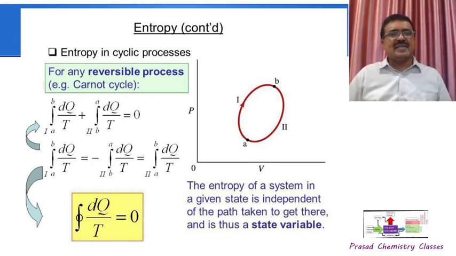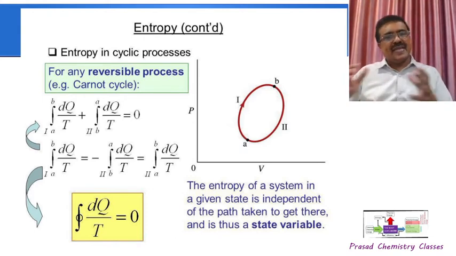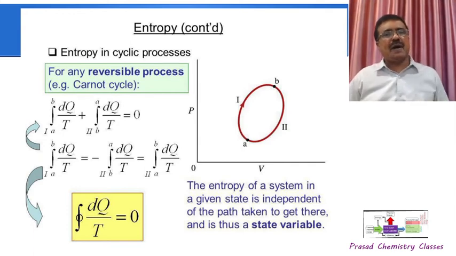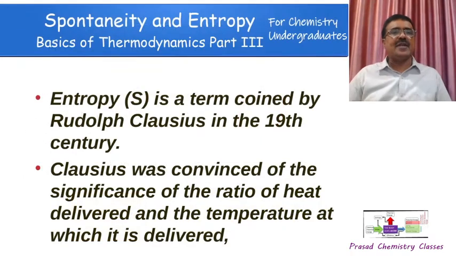So what does it indicate? The integral of dq by T along any reversible path from A to B is a constant. So dq by T can be considered as a state function, and that is our entropy, dq reversible by T. Entropy is a term coined by Clausius in the 19th century.